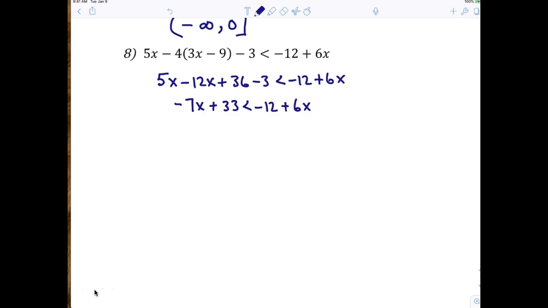Add 7x and plus 12, yes. You good on this? Does that look good? And so then we would say 45 over 13. So x is greater than 45/13.